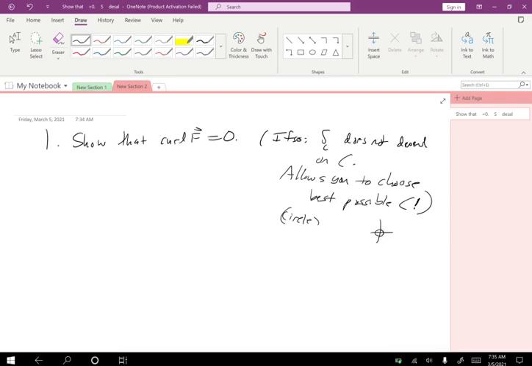A circle is particularly well suited to this vector field, but we can only do that if we know that the curl is 0.